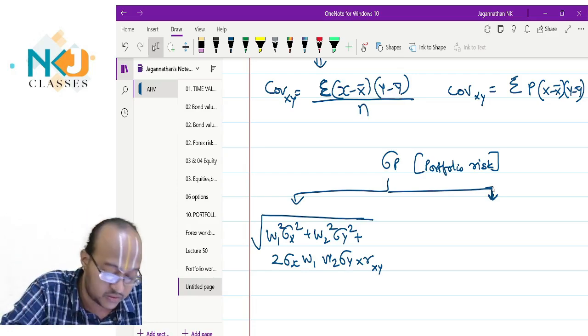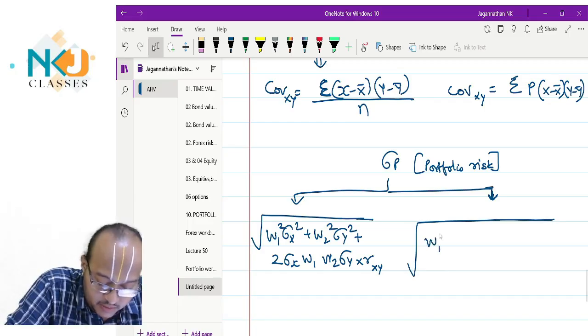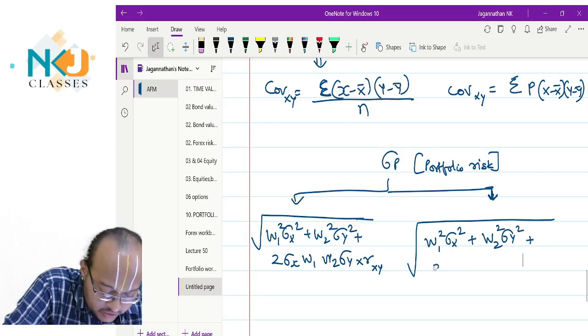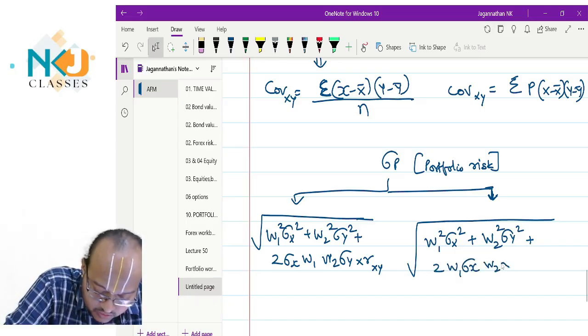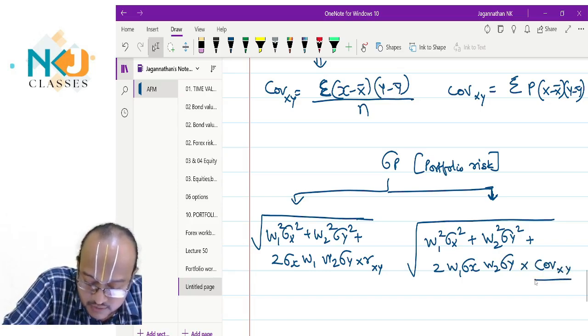The second formula you can also come across in the study module, past examination questions, suggested answers, all these will be there. You won't get confused. See here. Second is very simple, using covariance data. Weight W1 square sigma x square, this is the same, plus W2 square sigma y square, plus 2 into W1 sigma x W2 sigma y into covariance of x and y divided by sigma x sigma y.